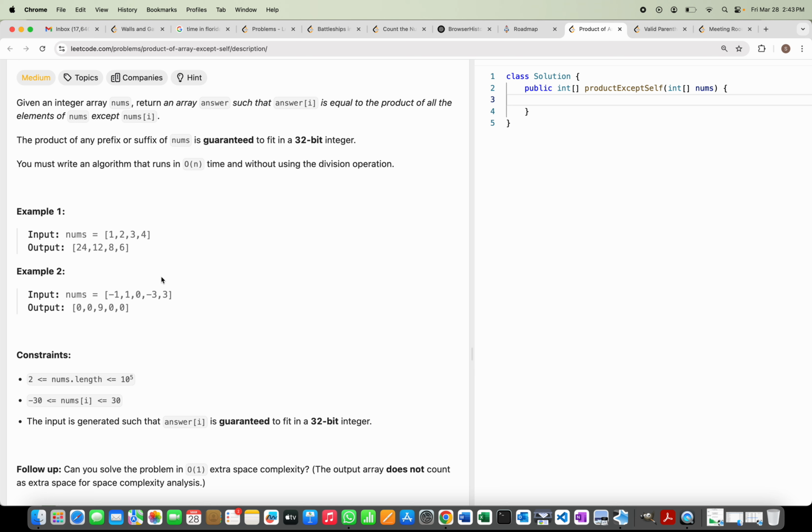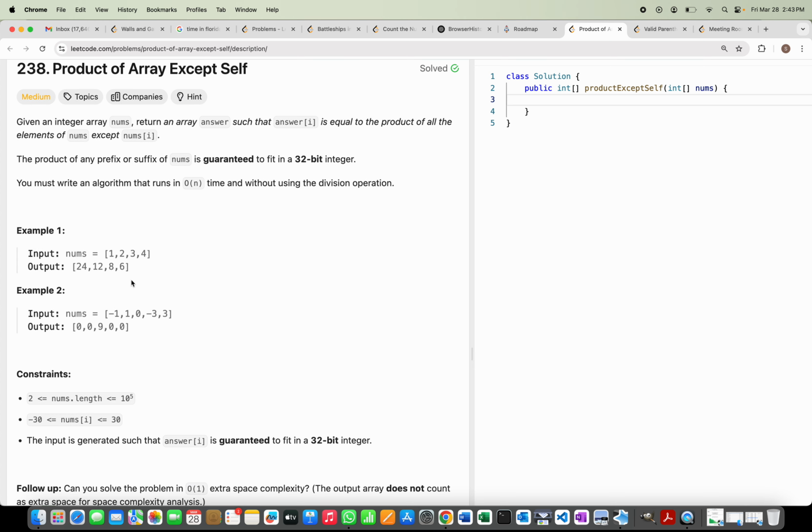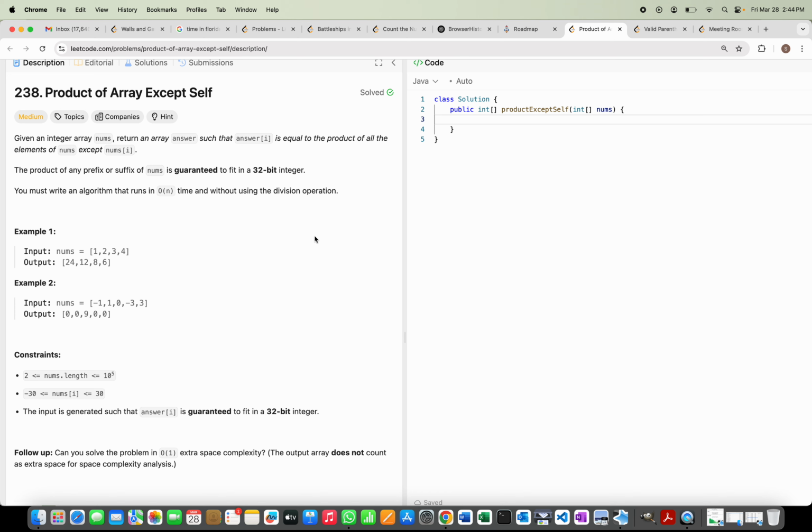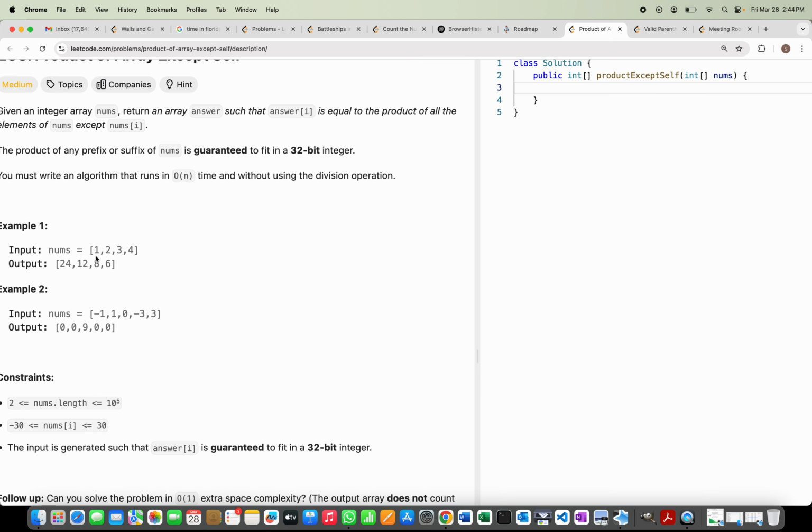So for this problem, you could use something called a prefix suffix array. It's essentially the product until this number, and then suffix is going to be the product until this number from the right side.